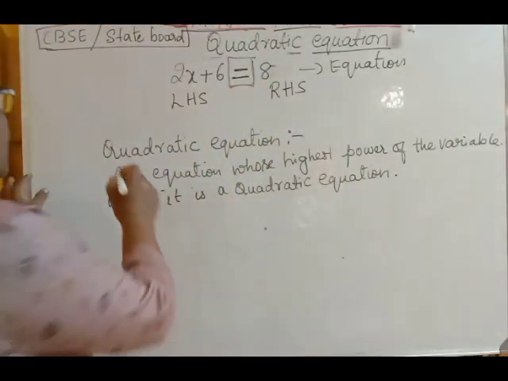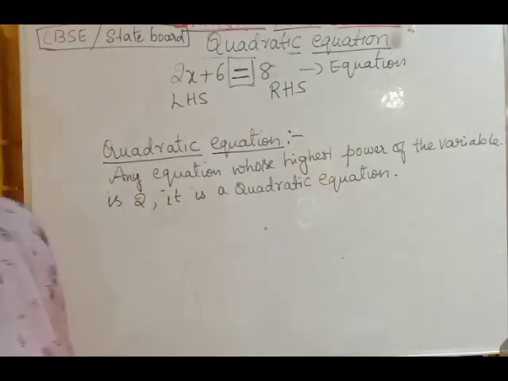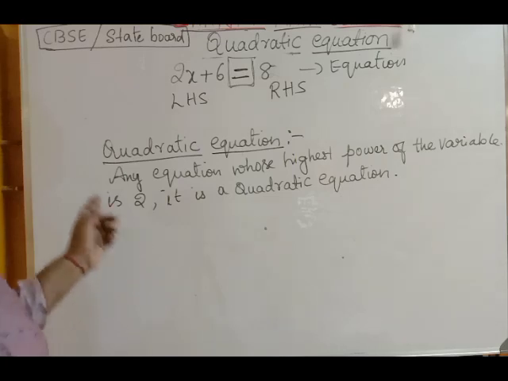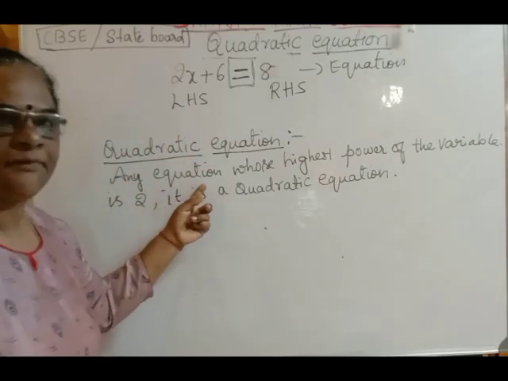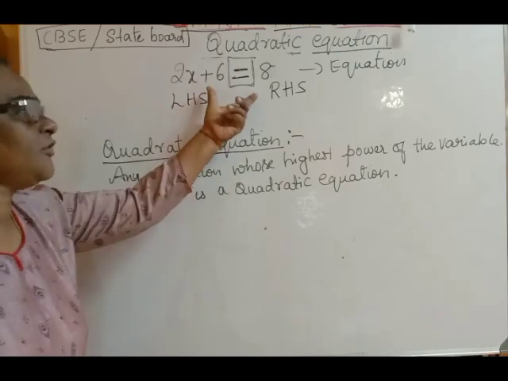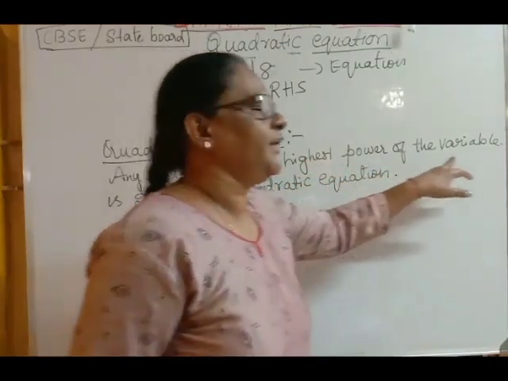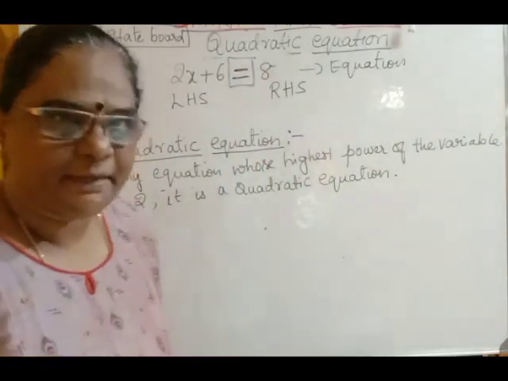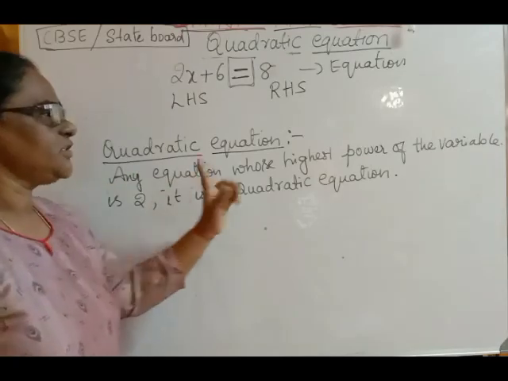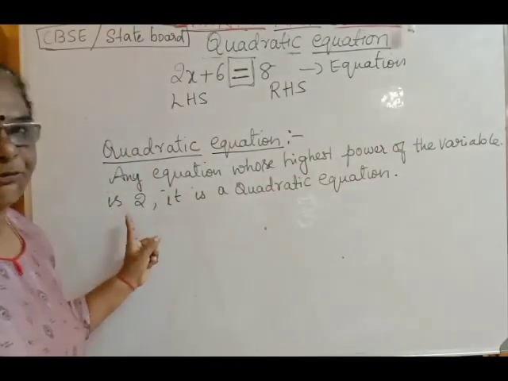Then what is the meaning of quadratic equation? Quadratic. Okay. So a quadratic equation means any equation whose highest power of the variable, in this expression I am using variables, should be 2.